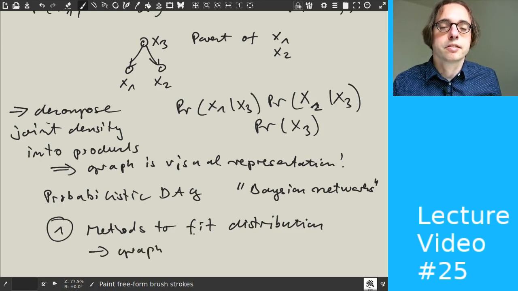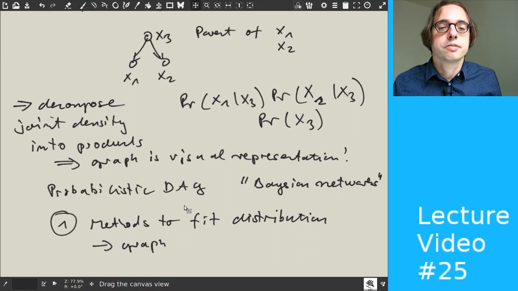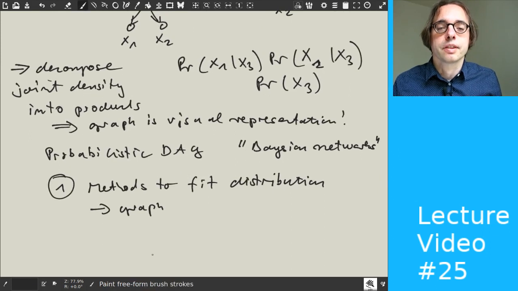We would like to know the graph and all these conditional distributions, and then we can learn something about the model. And as we've seen in this course and in other courses, there are standard methods to fit these models, like maximum likelihood or Bayesian inference.